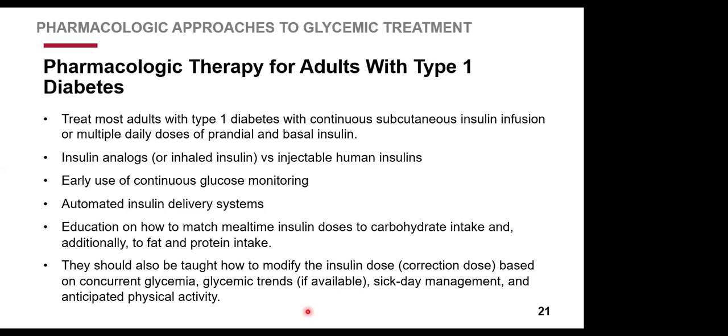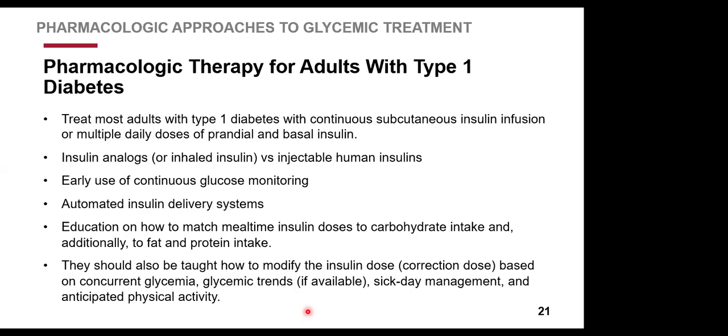So the pharmacological therapy for adults with type 1 diabetes. For most adults, the insulin analogs are usually preferred. So the subcutaneous insulin infusion or multiple daily doses of prandial and basal insulin are what we normally use in these patients.